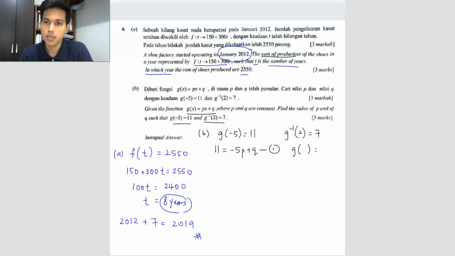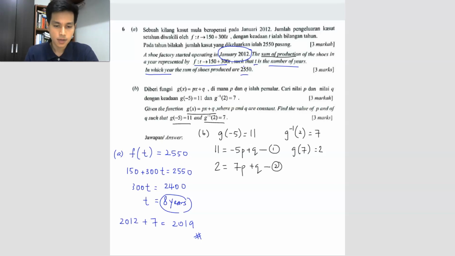The object becomes the image and the image becomes the object. So here is 7, here becomes 2. So substitute this into your function here. So you get 2 equals 7p plus q.